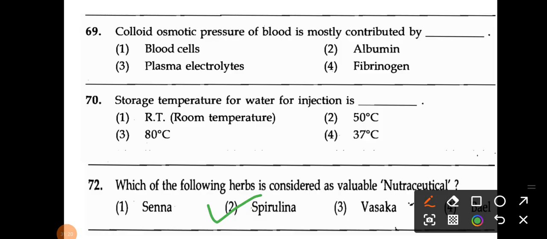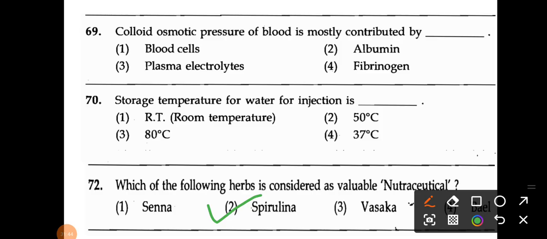So this question is from your pharmacognosy, right? A very specific topic is there, the nutraceuticals from your pharmacognosy. Only one topic, nutraceuticals, that's it. You have to read only one topic from your pharmacognosy, that is the important nutraceuticals.